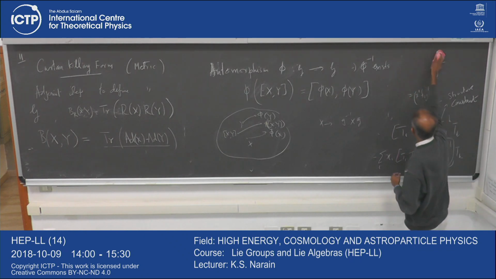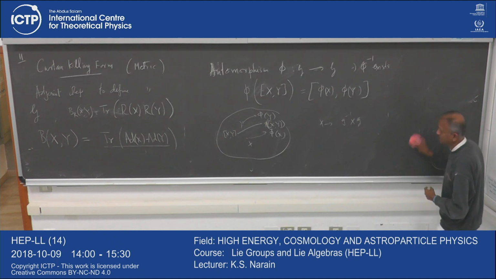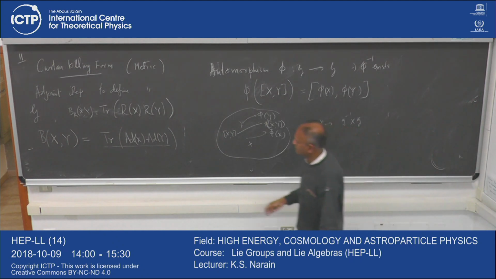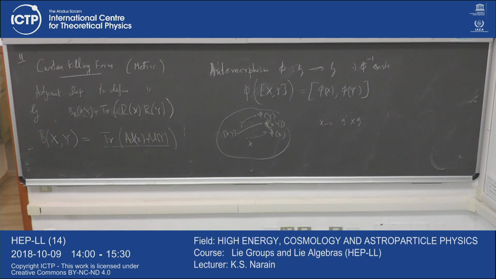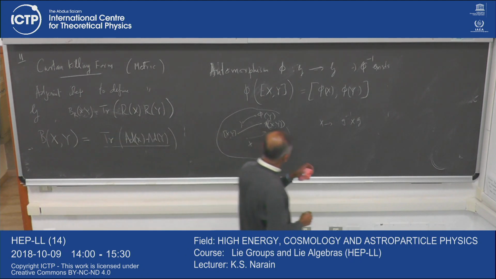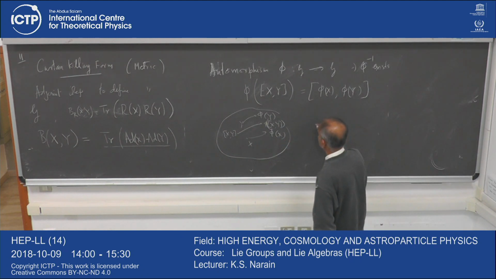Okay. So now how do we see that this is the case? Well, we can check. So if you look at this relation, what does it say? But this is nothing else. Look at that aside.